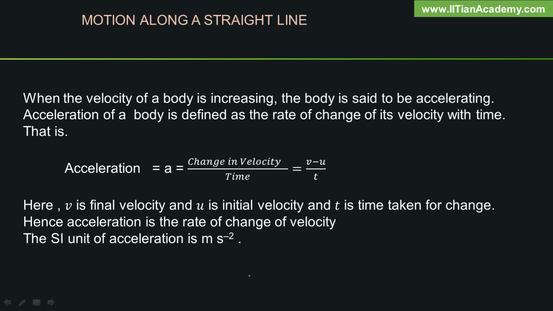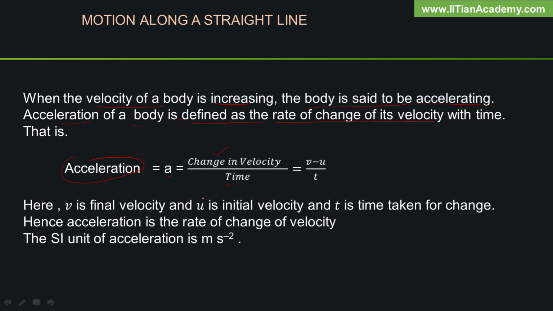Here, we will learn about acceleration. When the velocity of a body is increasing, the body is said to be accelerating. Acceleration of a body is defined as the rate of change of its velocity with time. Hence, acceleration is change in velocity divided by time.